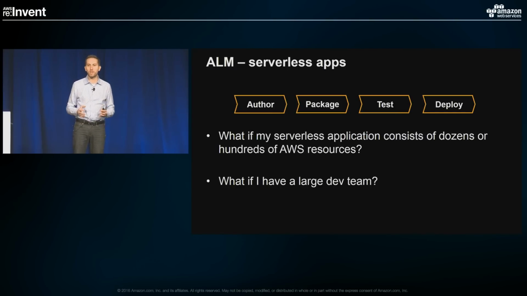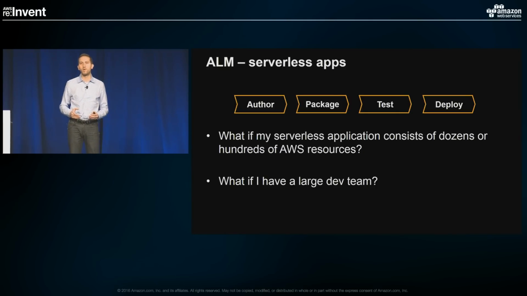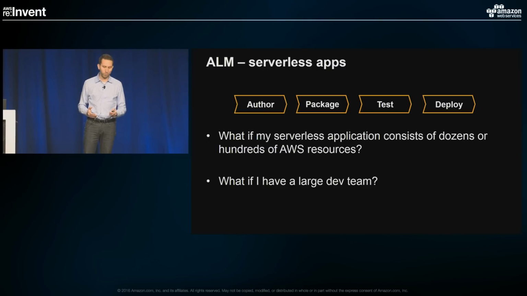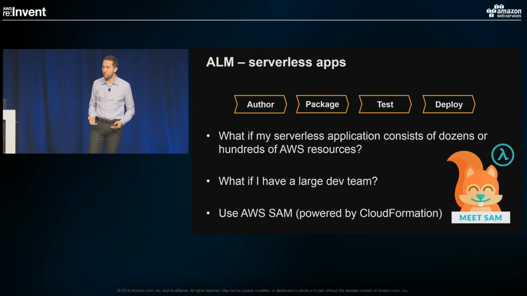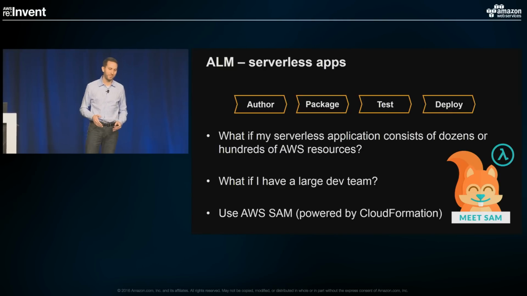How do I manage that as one unit, as an application? Or what if I have a large dev team that collaborates? How do I keep my definition in one centralized place where my team can efficiently collaborate on it? Well, the solution I'm going to offer to you today is to use SAM, which is powered by CloudFormation.